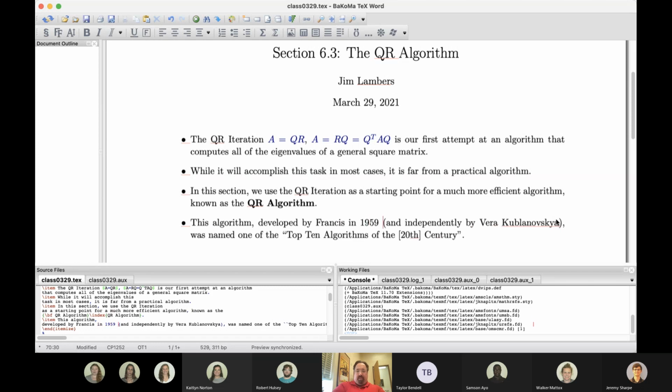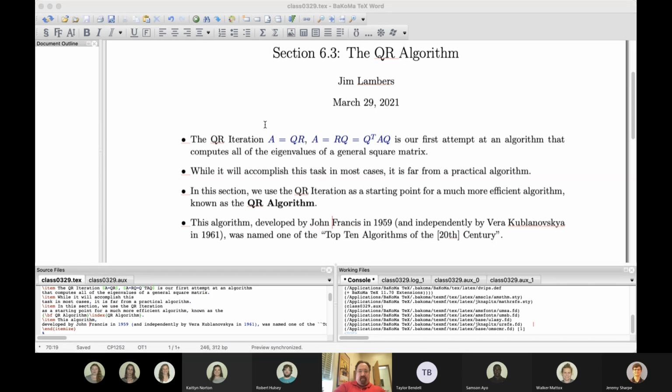Okay, this is why I remember '61. She came independently of Francis's efforts a couple of years later. And I hope I didn't say Bob Francis. It's actually John Francis.